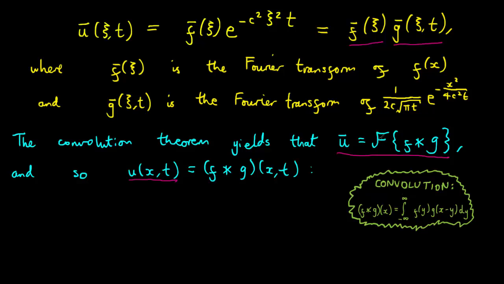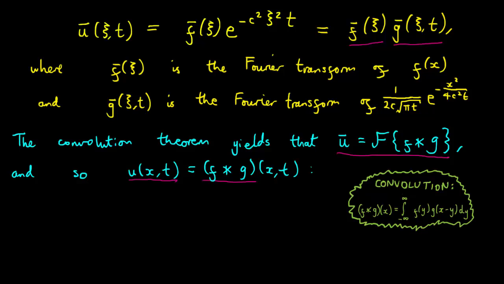And then the inverse Fourier transform of the Fourier transform of the convolution, well, those will just cancel each other out. So we'll just have the convolution of f and g. Okay, so u will be the convolution of f and g. Here's the definition of convolution.